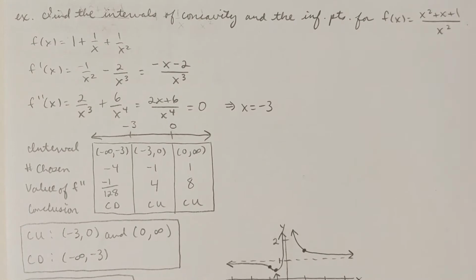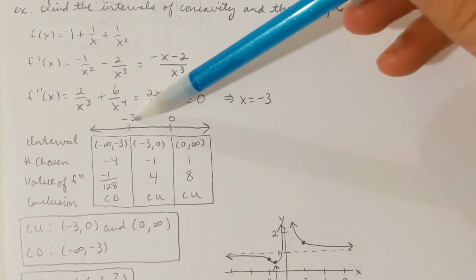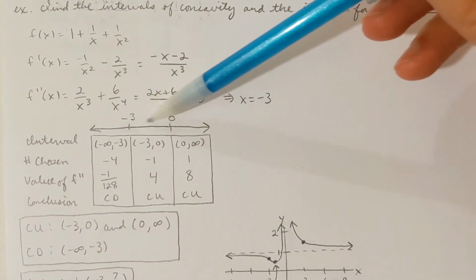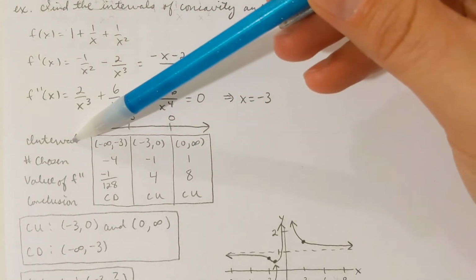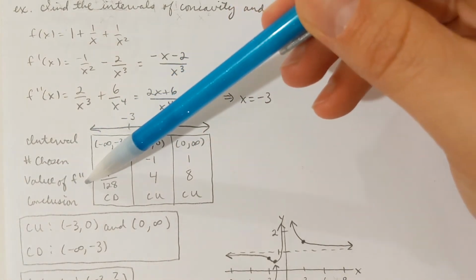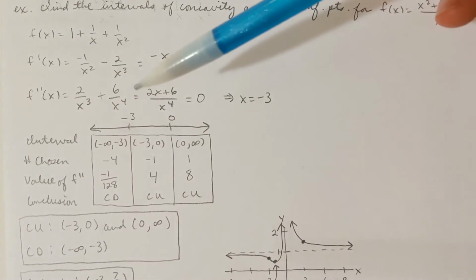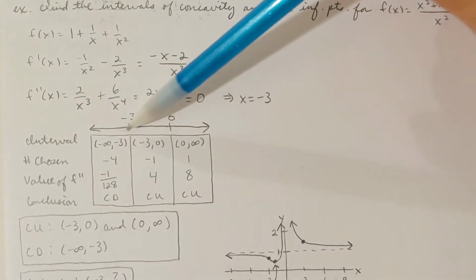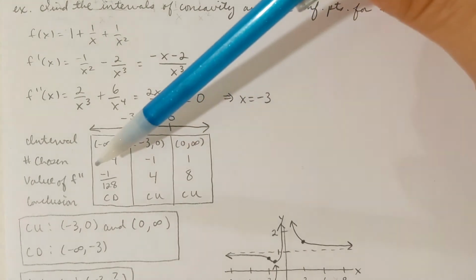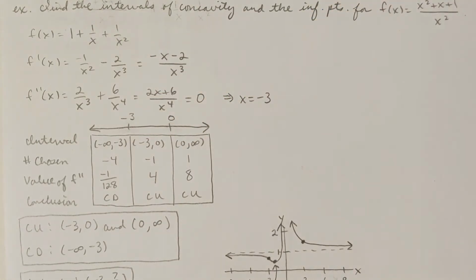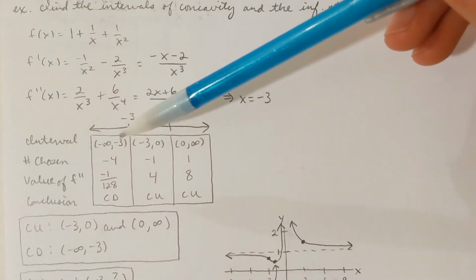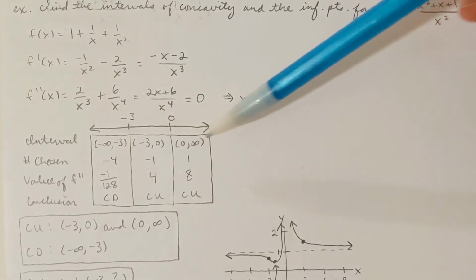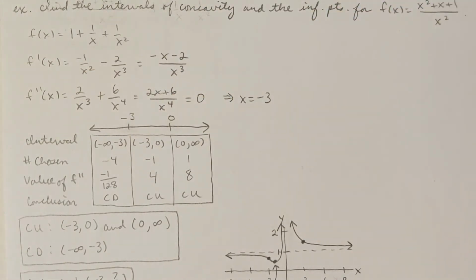Okay, so I'm going to put these two values on the number line and create my chart here and say interval, number chosen, value of f double prime, and then the conclusion. The intervals are these three intervals splitting up the real number line, and now I'm ready to use my test values. Okay, select a number inside of each one of these groups, plug it into f double prime, and see if the result is positive or negative.